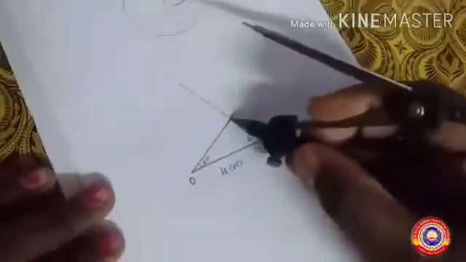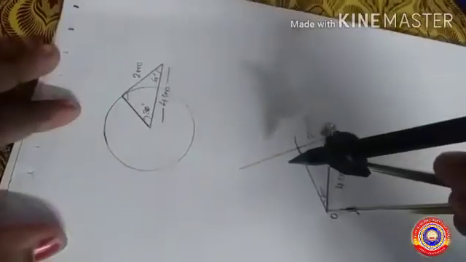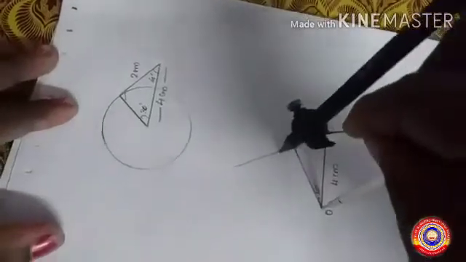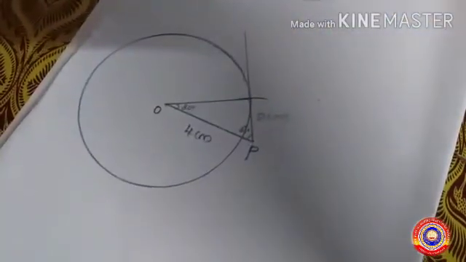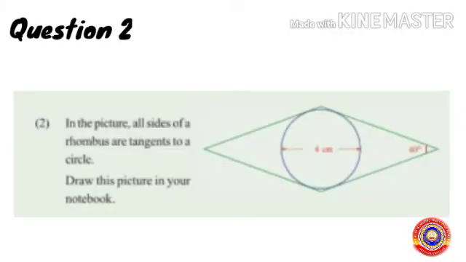Next, using the radius, we have to draw a circle with center O. Is it clear for you, children? Okay. Next, question number 2.